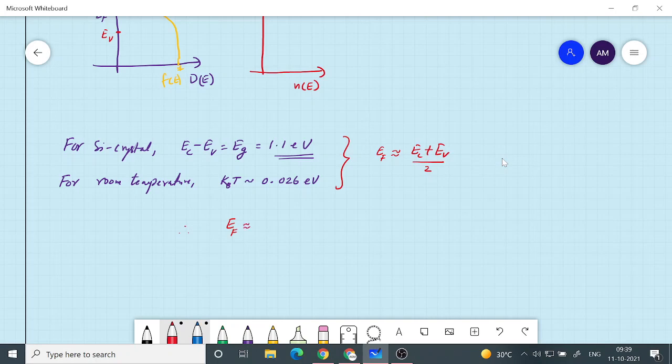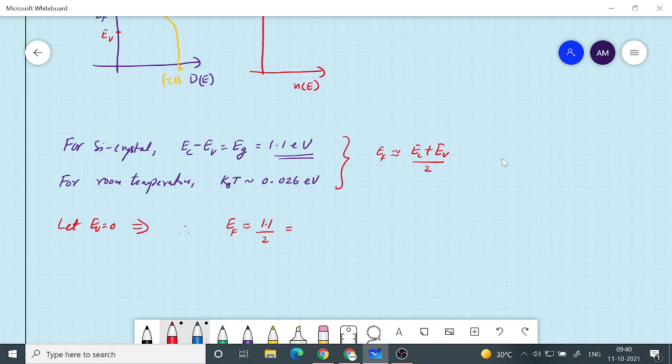which is of the order of 1.1 divided by 2. So let us take EV equal to 0. So that will give you EF equal to 1.1 divided by 2, which is EG by 2.